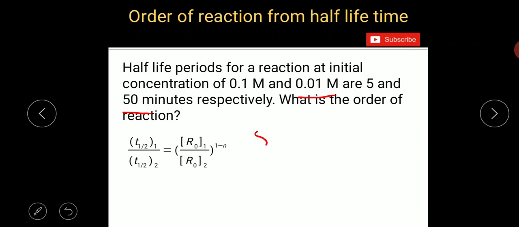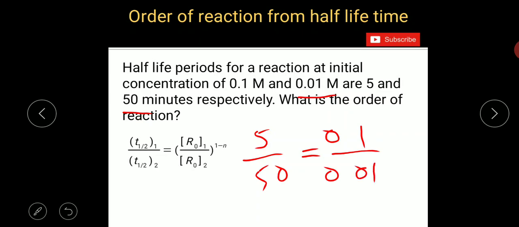So 5 by 50 equal to 0.1 by 0.01, whole power 1 minus n.